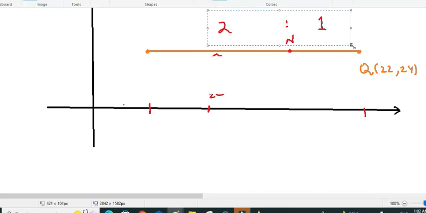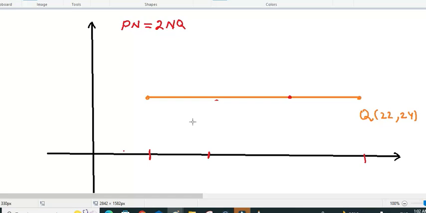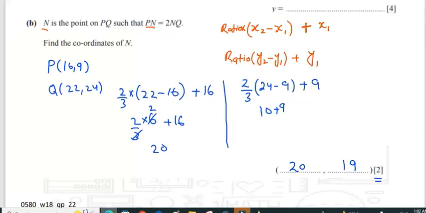Now look, as you can see, this diagram is not up to scale, but this is just a rough sketch of what the question is trying to say. So let us read the question and try to understand it over here.